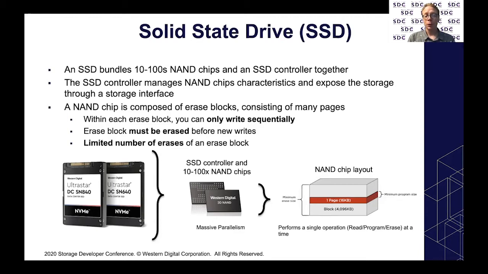And because the interface that is exposed to the host does not adhere to these characteristics, but exposes an LBA interface where you can update each logical block separately, the controller has to have a flash translation layer that maps the logical blocks written and read by the host onto physical blocks that are stored on the NAND media.